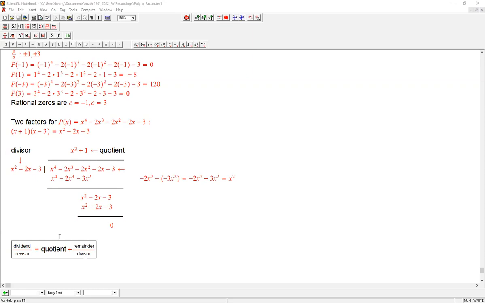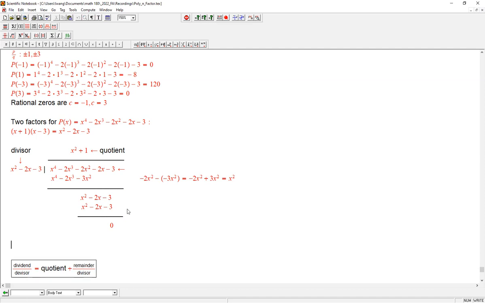After the long division is done, we can follow the same formula to establish the relationship between the dividend over the divisor. Our divisor is x squared minus 2x minus 3.